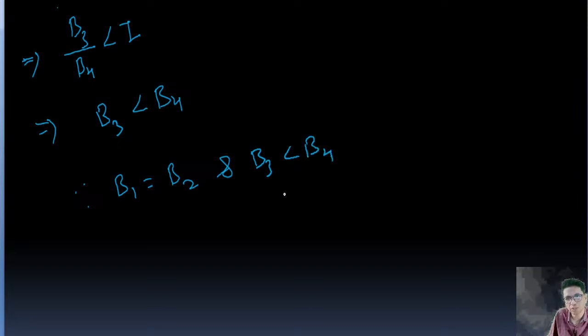So this is the relation we have got. Okay, so which option is matching? You can check the option list in my previous lecture. Option C is matching, guys. Option C. So B1 equal to B2 and B3 less than B4. So this is the answer, guys.